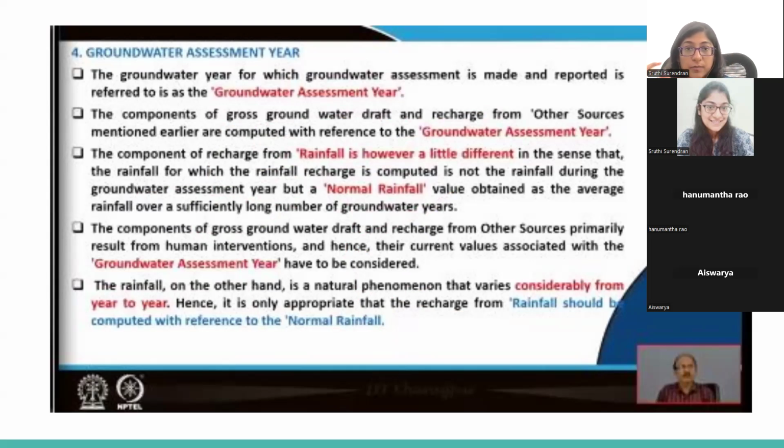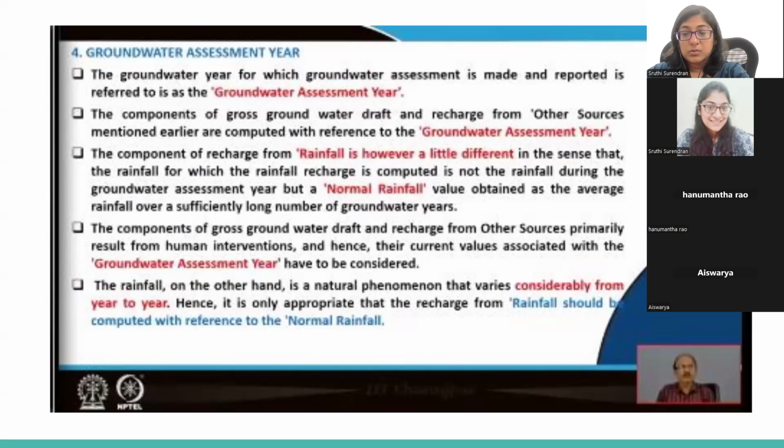The groundwater assessment year is the year in which the report is being made. The groundwater year is the period of 12 calendar months, starting with the predominant monsoon season in that particular area. Under groundwater year, there are two seasons, monsoon and non-monsoon.